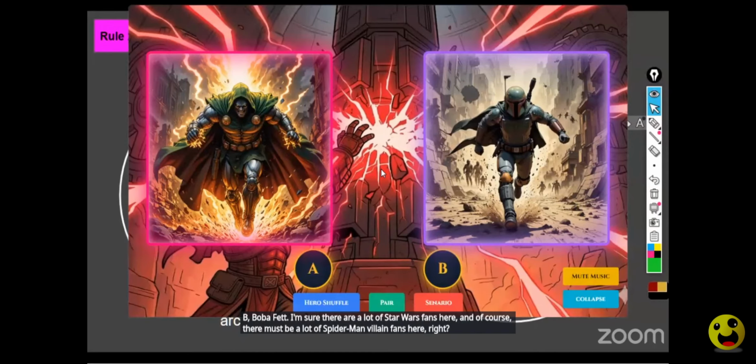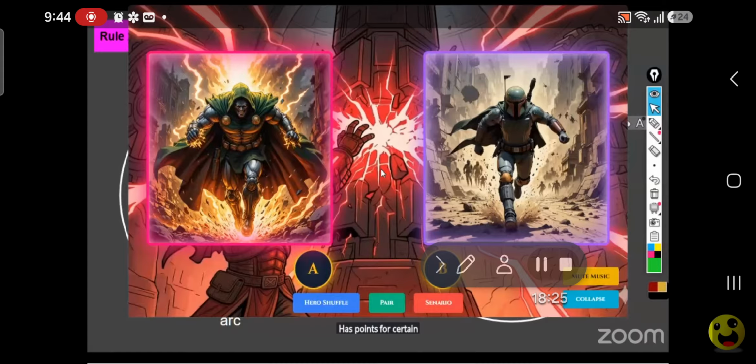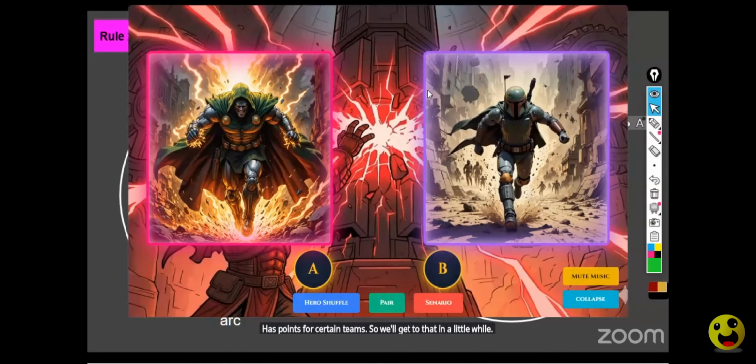And what's going to happen? Well, it's better to show you all. Whichever one is more popular has points for certain teams. So we'll get to that in a little while. So think about which one you want, and I'm going to launch the polls.